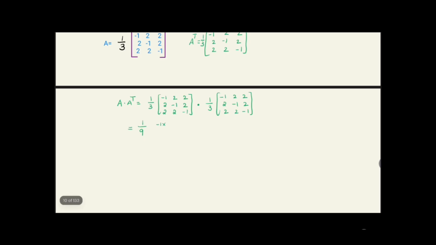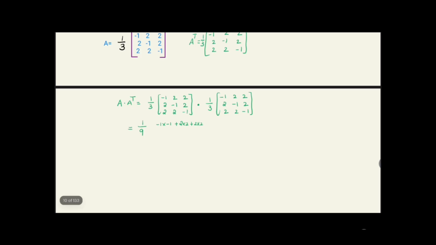Now see here students, be careful. I'm multiplying first row with first column: minus 1 into minus 1 plus 2 into 2 plus 2 into 2.